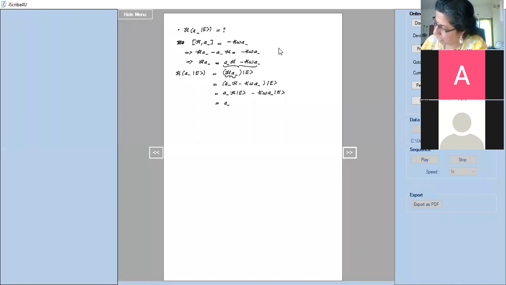Right? So this is going to be now A minus, and we know this is nothing but E, correct? Where this E over here is a number, it represents the energy, correct?